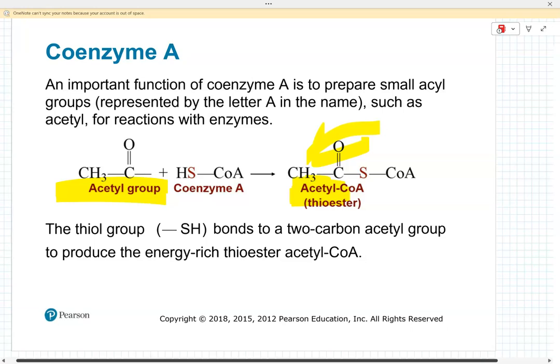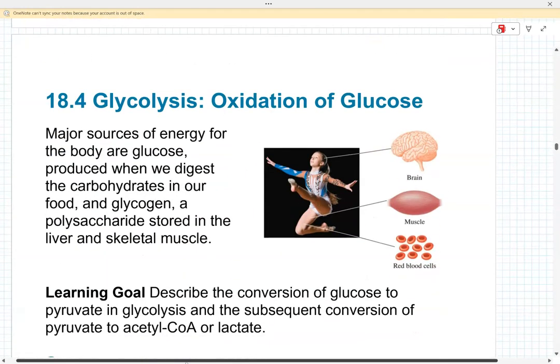You may have noticed the common pattern between coenzyme A, NAD+, and FAD. Coenzyme A, listen, carries acetyl group. FAD carries hydrogens and electrons. NAD+ carries hydrogens and electrons. They all carry something.